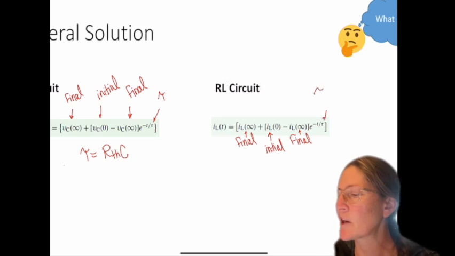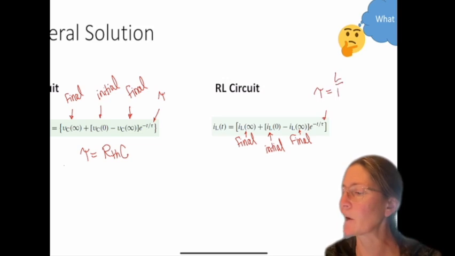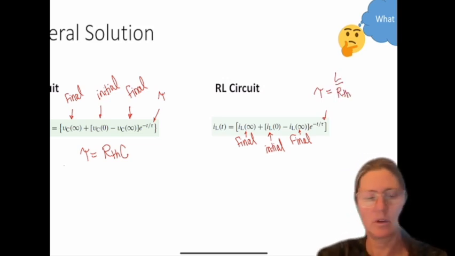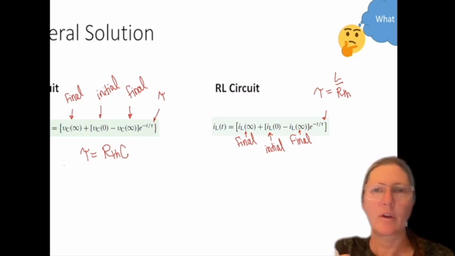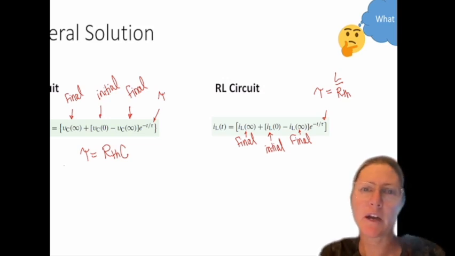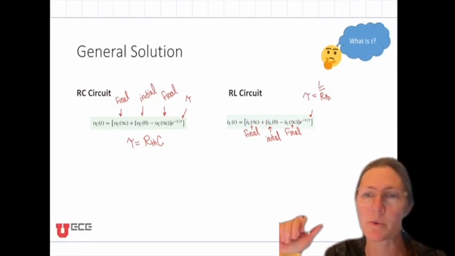And for an RL circuit, tau is L over RTH. So once you get each of these values, you can find either current or voltage, depending on whatever variable is within the circuit.